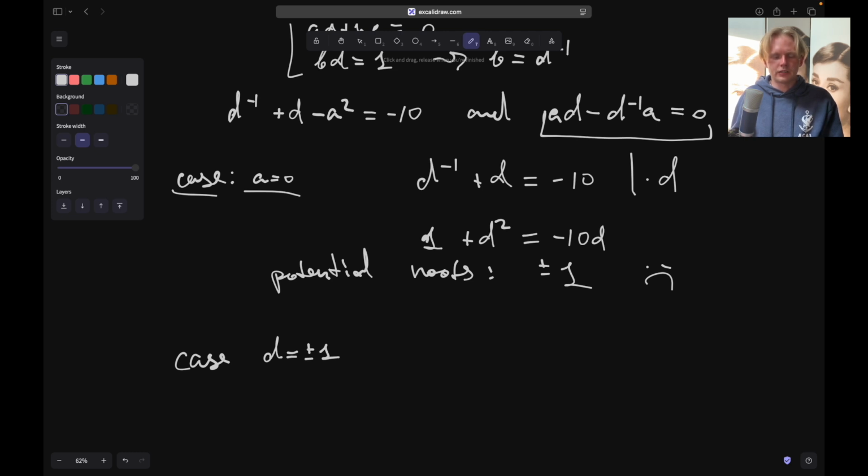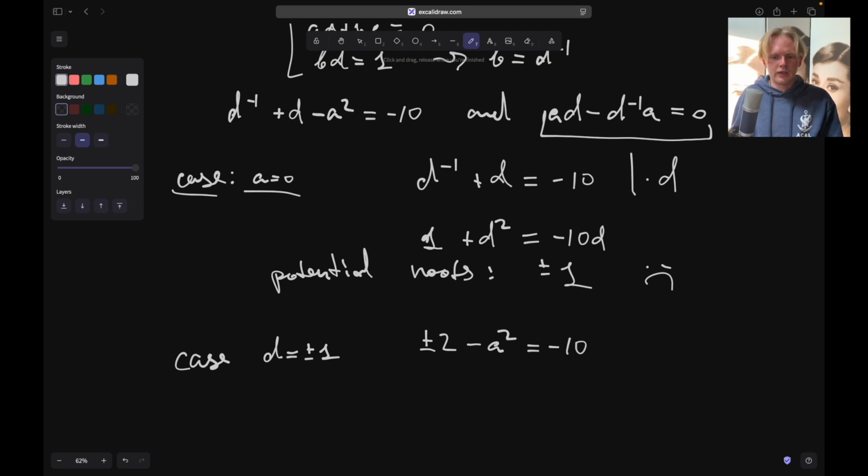Then we get plus or minus 2 from here. Minus a squared equals minus 10.